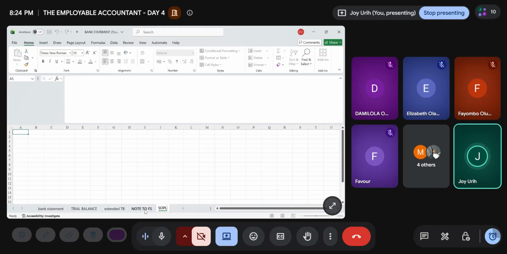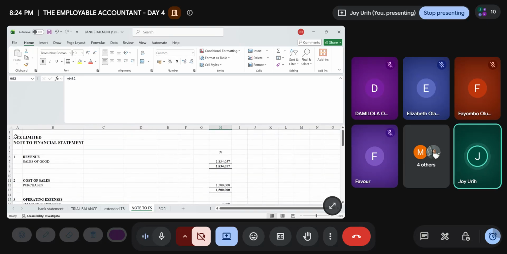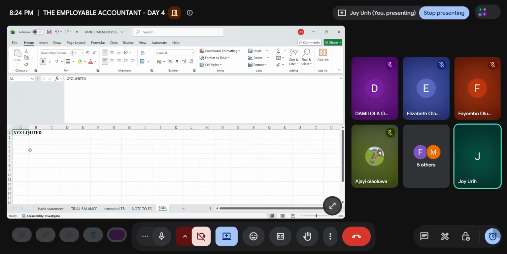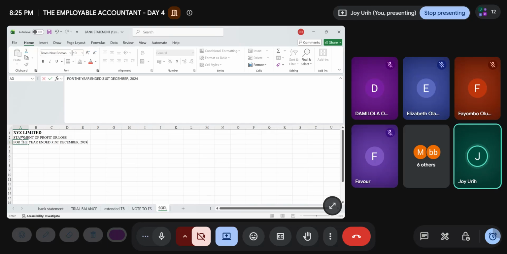I'm going to bring in the company's name, SYZ Limited. We have the company's name, then we have statement of profit or loss for the year ended 31st December 2024, right?